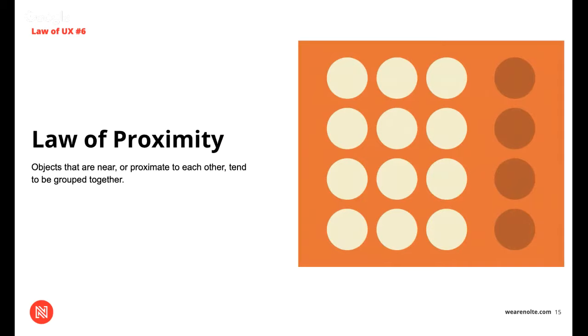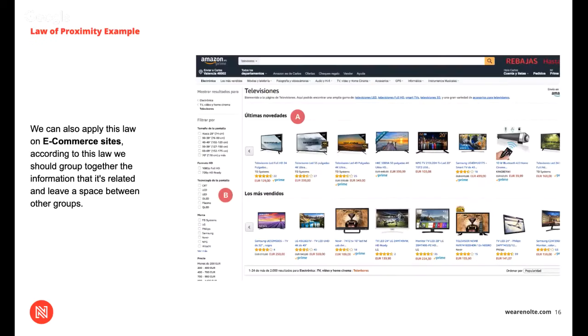Another law similar to the previous law is the law of proximity, that says that objects that are near or proximate to each other tend to be grouped together. For example, in e-commerce, when you enter the products page or the store page, there is always a sidebar on the left side and the products on the right side.